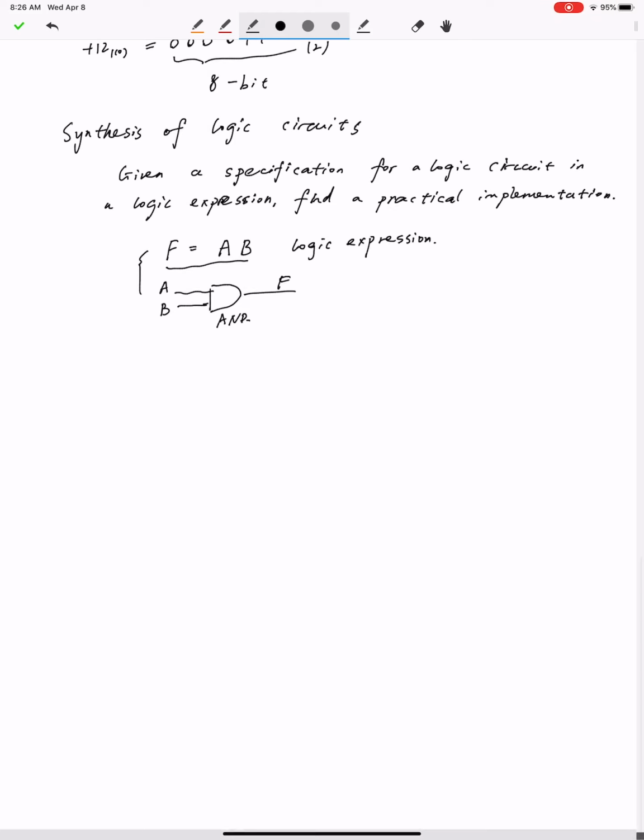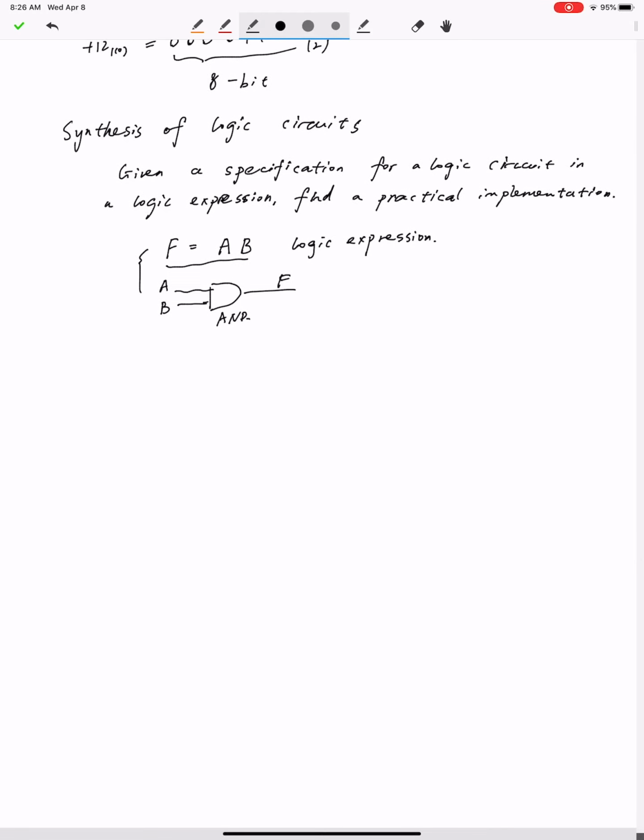This is a very simple example of a realization, or the practical implementation, of the logic expression. But sometimes the logic expression can be very complicated, right? For instance, sometimes the logical circuit could be F equals ABC plus A bar BC plus A B bar C plus A B C bar, right?